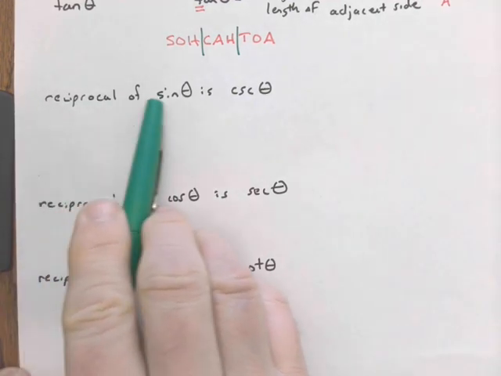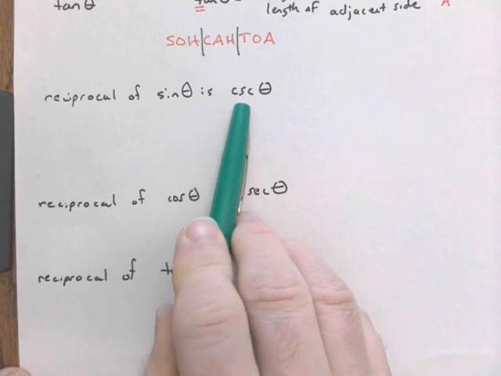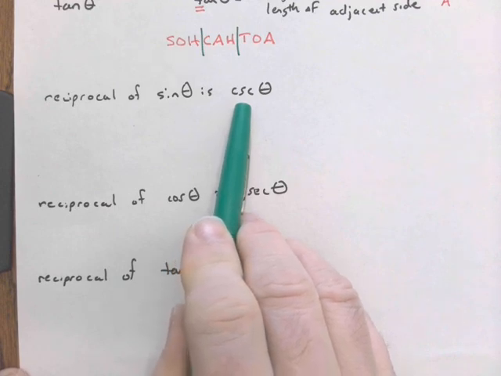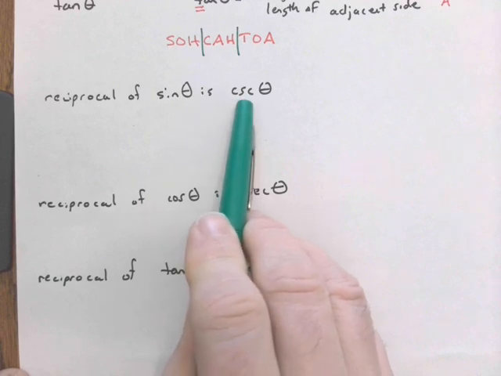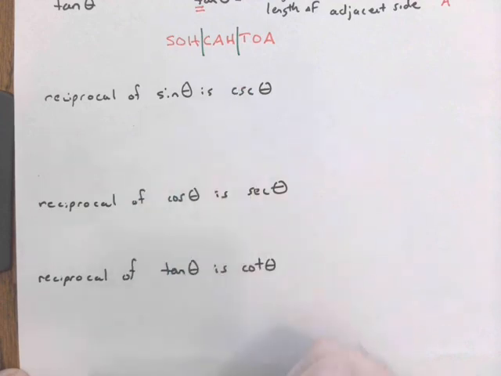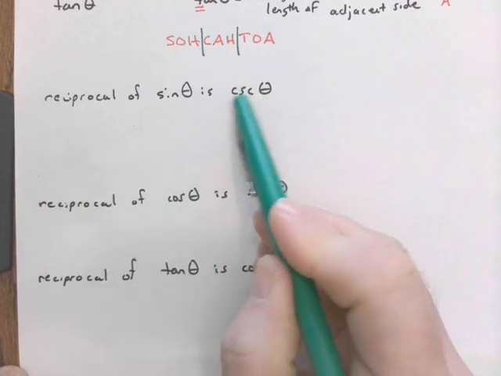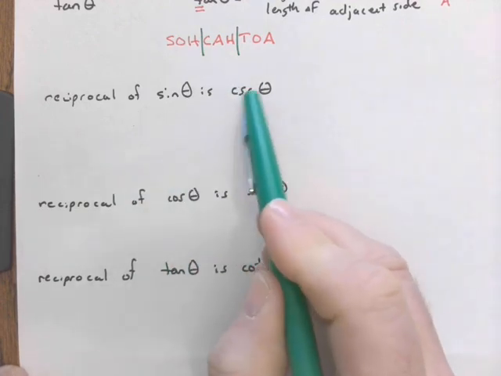The reciprocal of sine is the cosecant. Cosecant is spelled C-O-S-E-C-A-N-T, but we can't use the first three letters because those are C-O-S, and we've already used those for cosine. So the cosecant abbreviation is C-S-C.